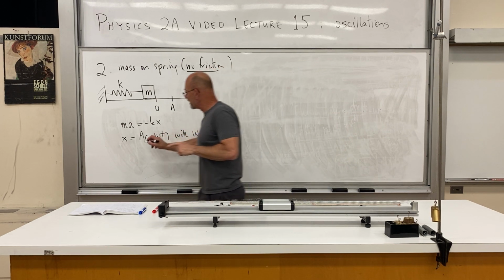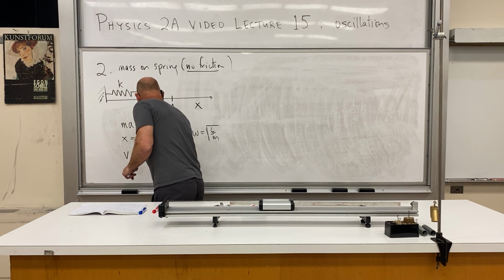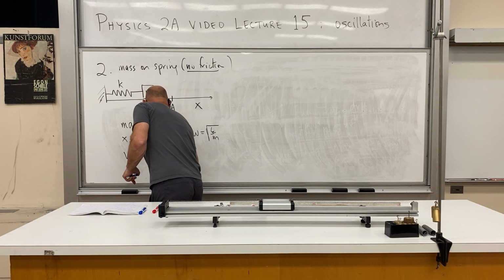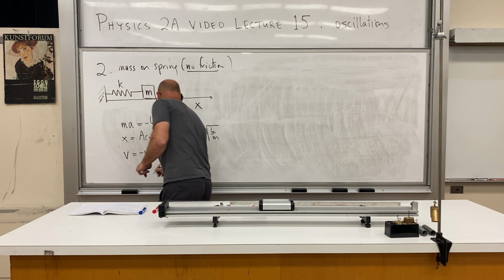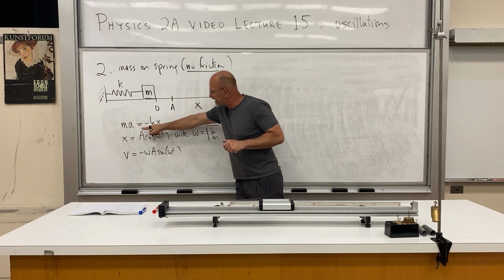And let's go ahead and put v, we found was minus omega A sine omega t. But what does this first and second line tell us about the acceleration?